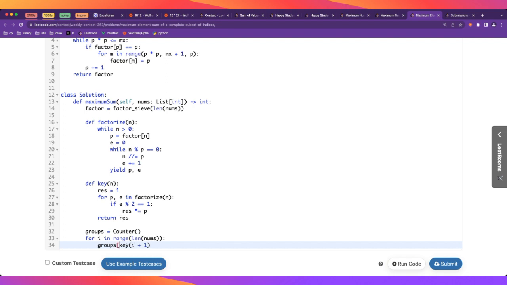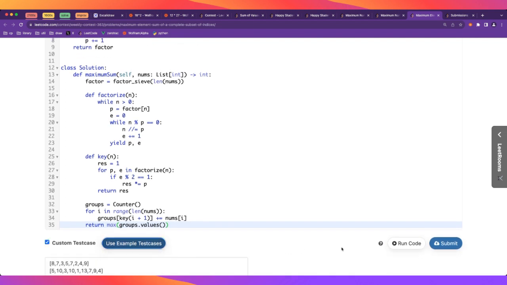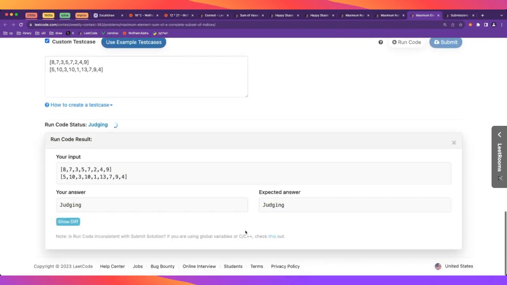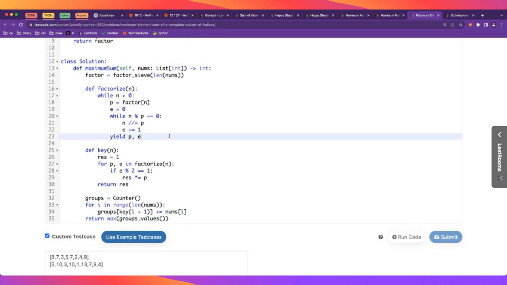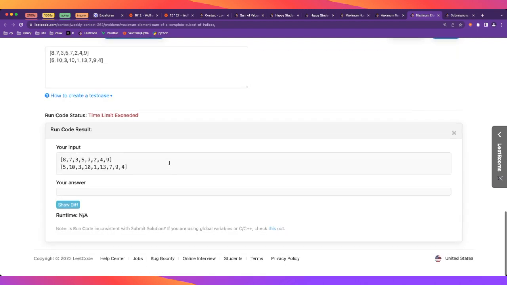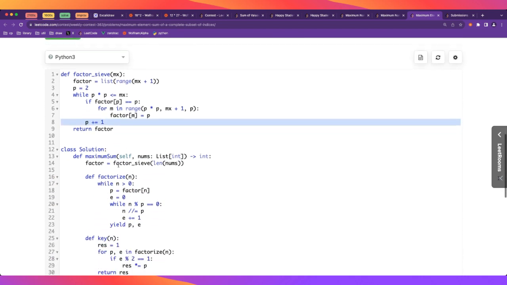So the groups for the key, we're gonna add the corresponding value, and then we're going to return the maximum of the group's values. I'm probably not adding something here. Time limit exceeded. So here I'm adding 1.